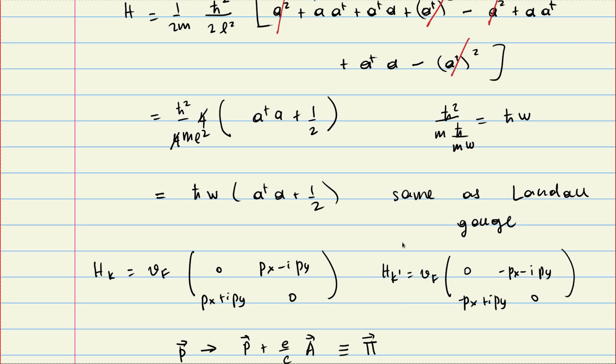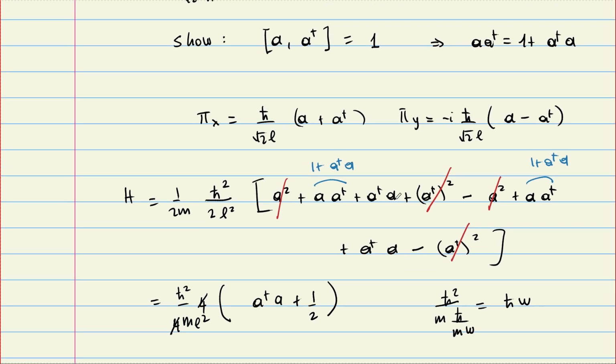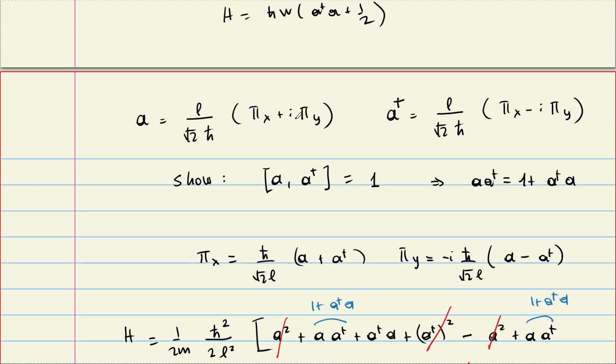And now I go back and look at my definitions for pi x and pi y. So pi x plus i pi y is a, pi x minus i pi y is a dagger, and there's an overall factor, and I can write this factor in front.